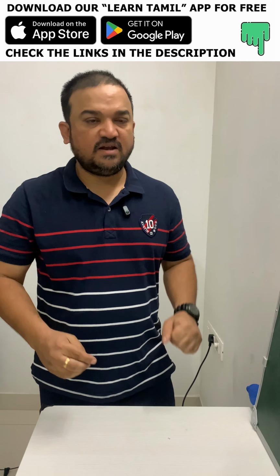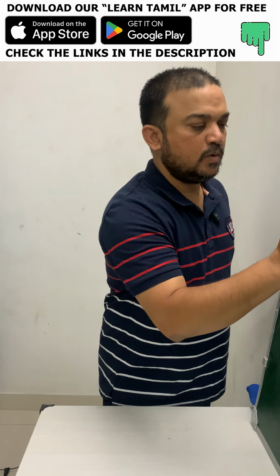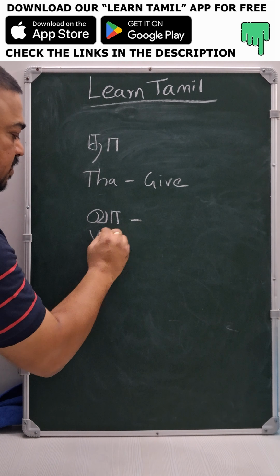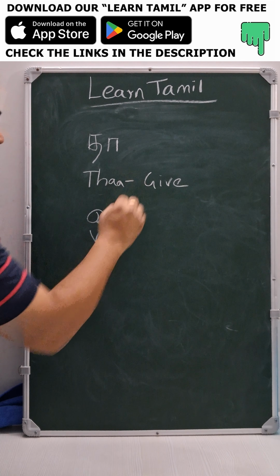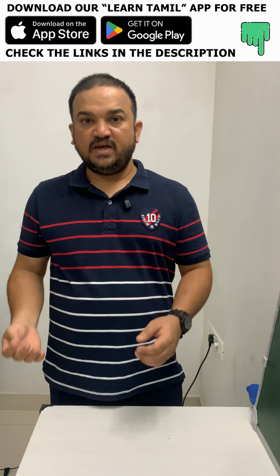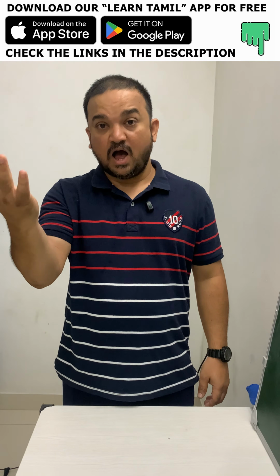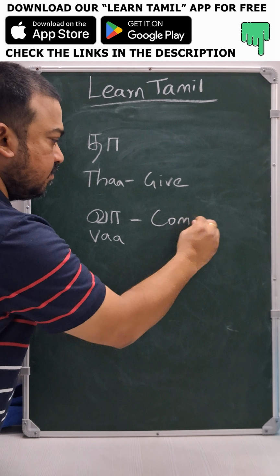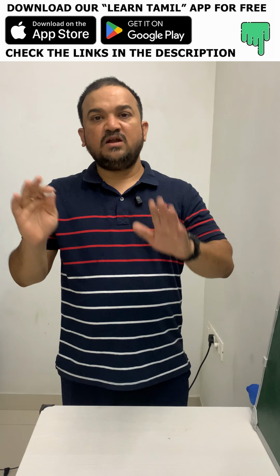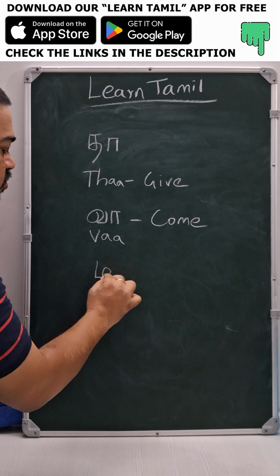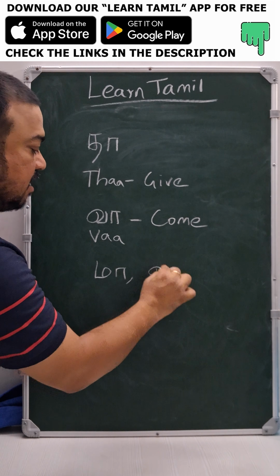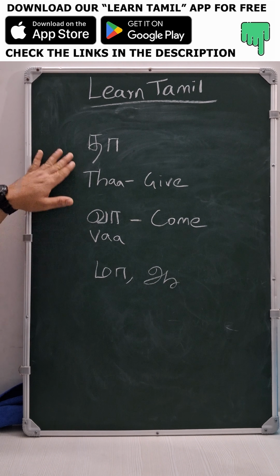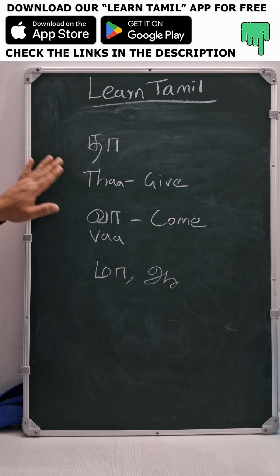Okay. Then one more letter. Va. We learned this one. Va. Right? Va means come. There are other letters as well, like ma also has a meaning and a has a separate meaning, but these two are literally spoken in everyday life.